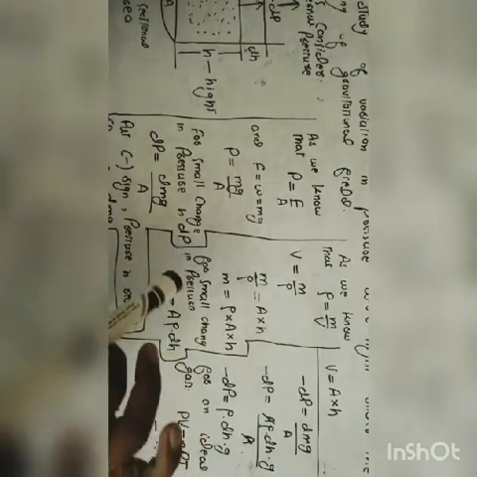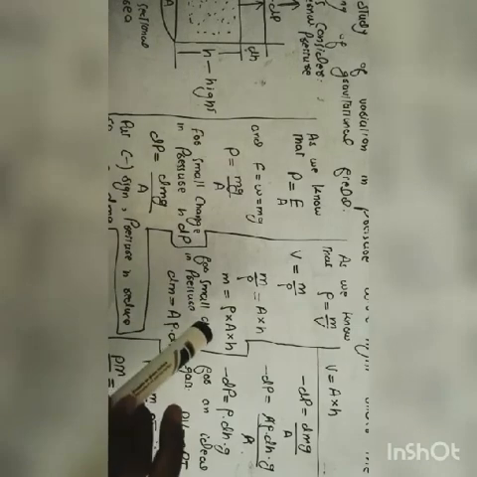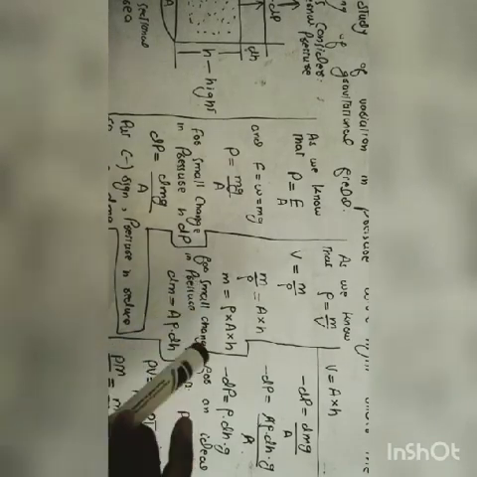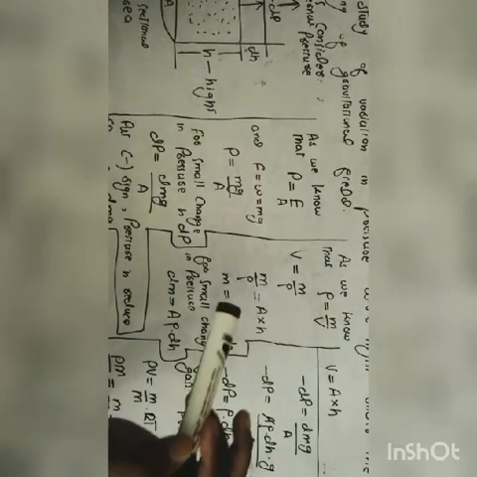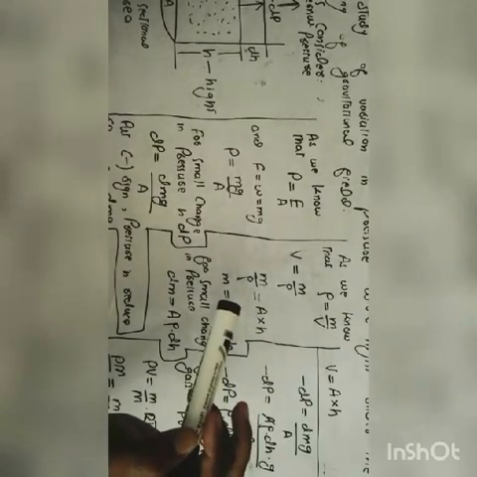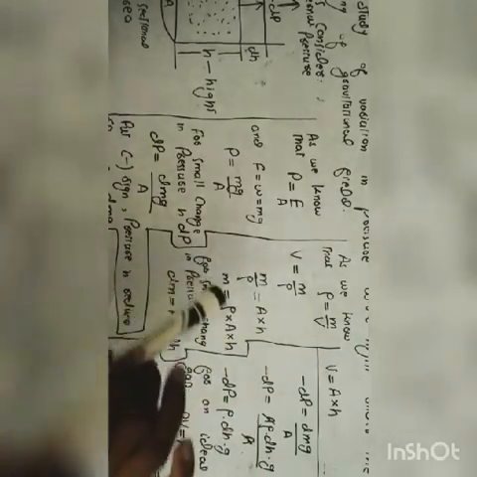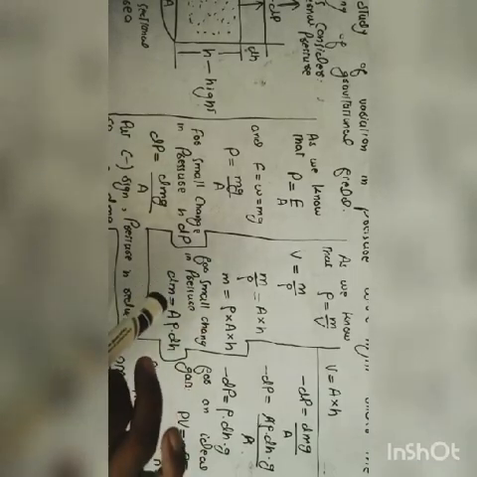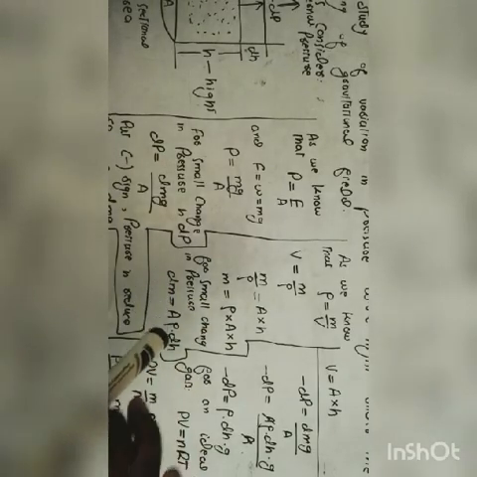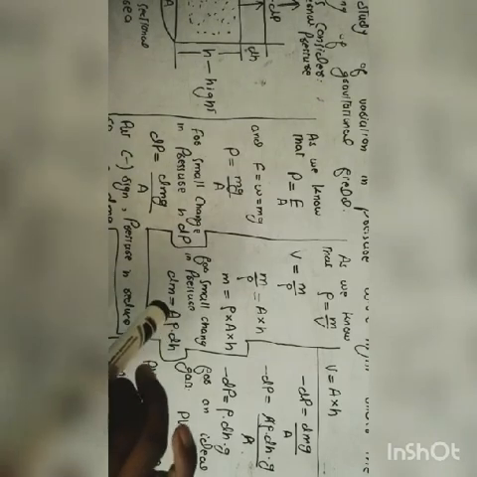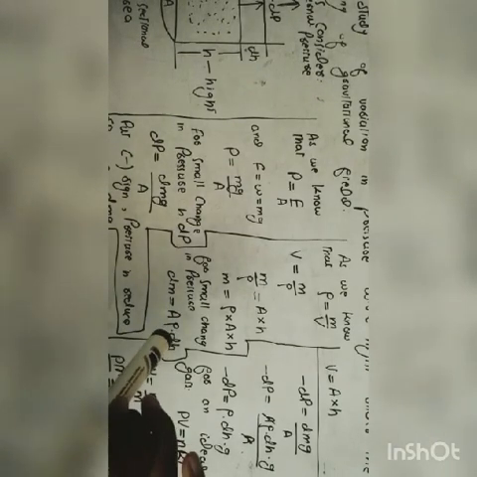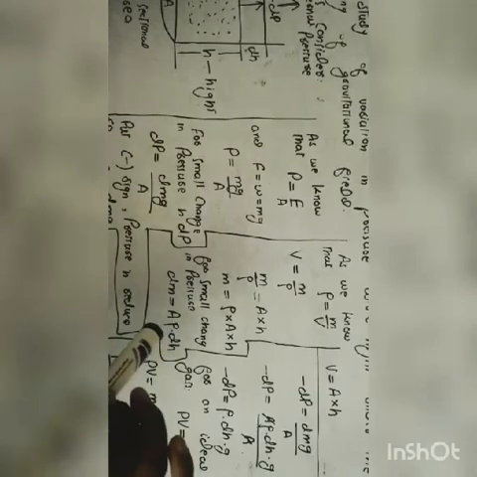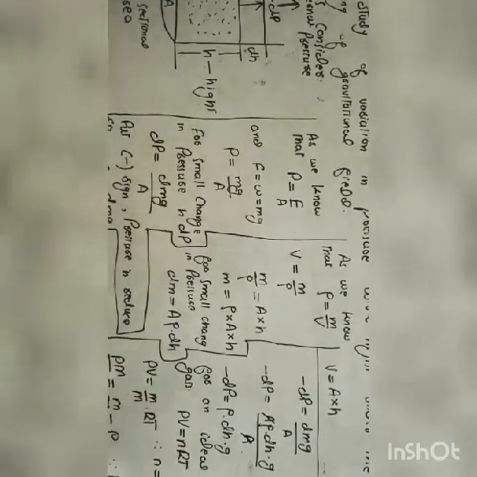For a small change in pressure, when a small change occurs in pressure, the mass is also changed. So we apply the del operator in this equation: dm is equal to A rho into dH. Here A is constant, density is also constant, and H is the height, which is changeable, so we apply the del operator with it.